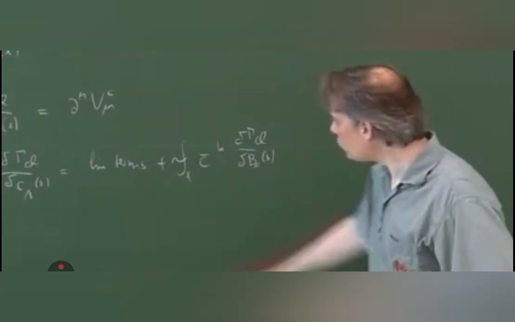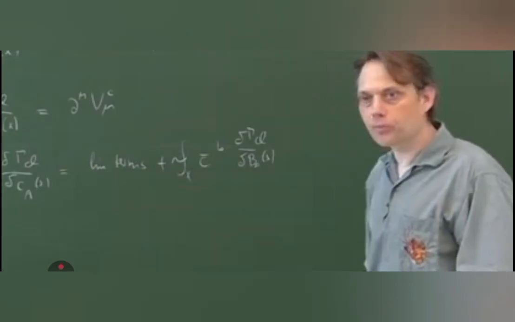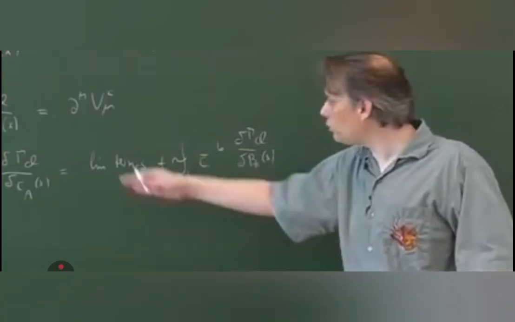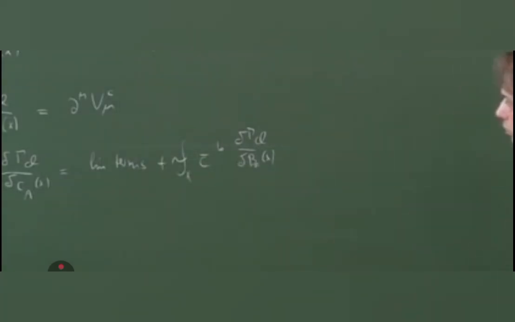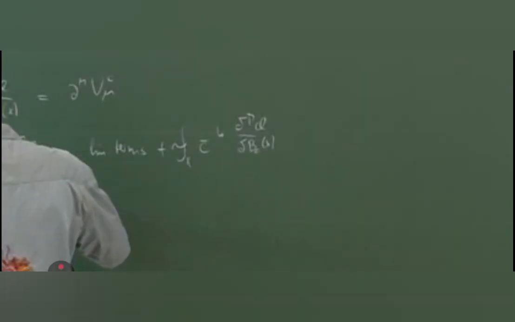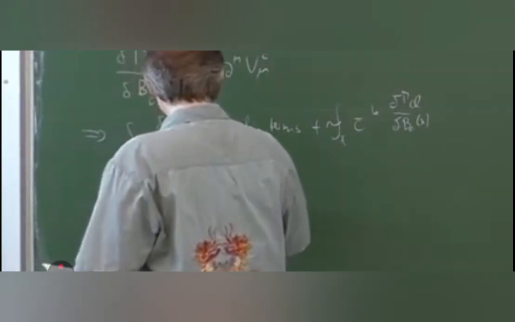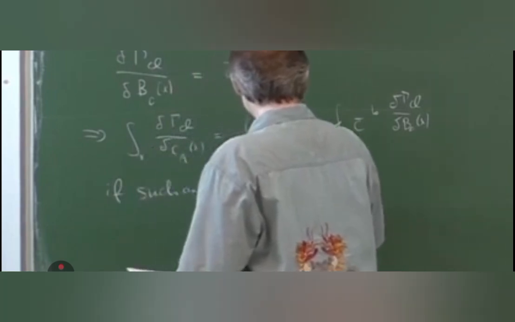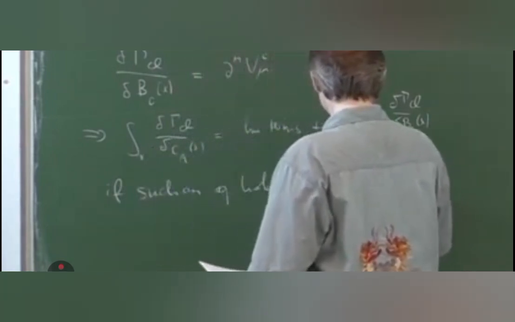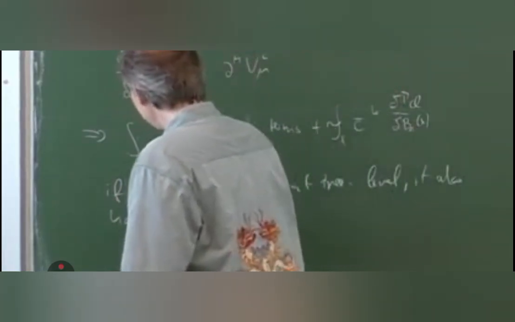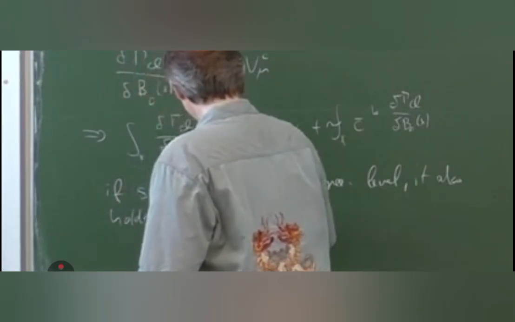And that would be different if we had nonlinear terms here, then we would get expectation values of products of fields. But here, this same equation will automatically remain valid also at higher orders. So if such an equation holds at tree level, it also holds at all orders.